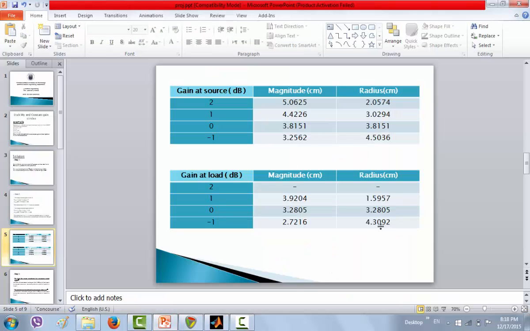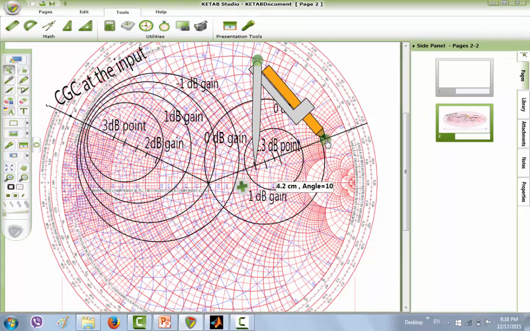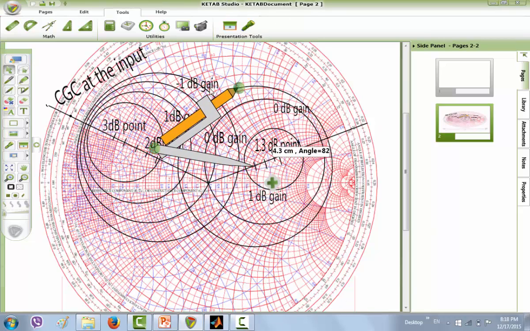Okay, its radius is 4.3. 4.3, and draw the circle. So this is the last circle, which is the minus 1 dB. Okay, and these are the constant gain circles at the output.